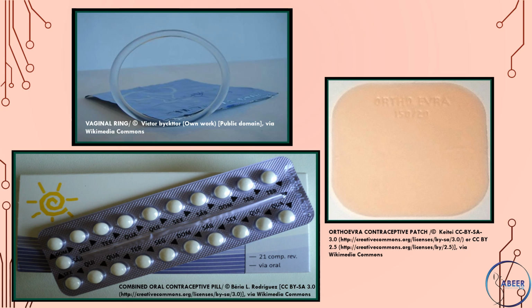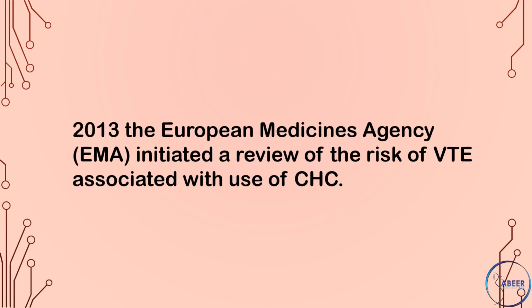The biological mechanism is not fully understood, but different progestogens appear to modify the thrombogenic effects of estrogen to different extents. For example, acquired resistance to activated protein C is more pronounced during the use of COCs containing desogestrel than levonorgestrel.